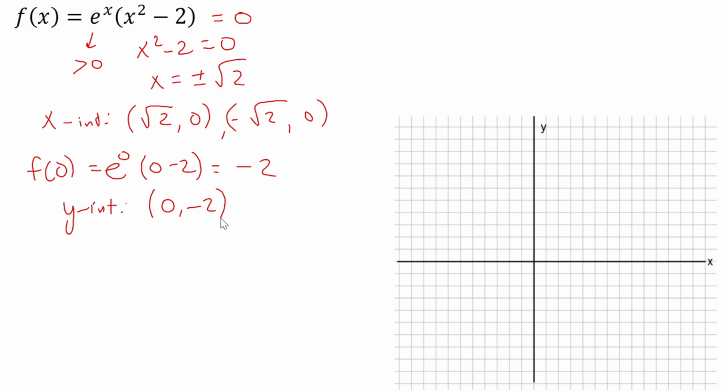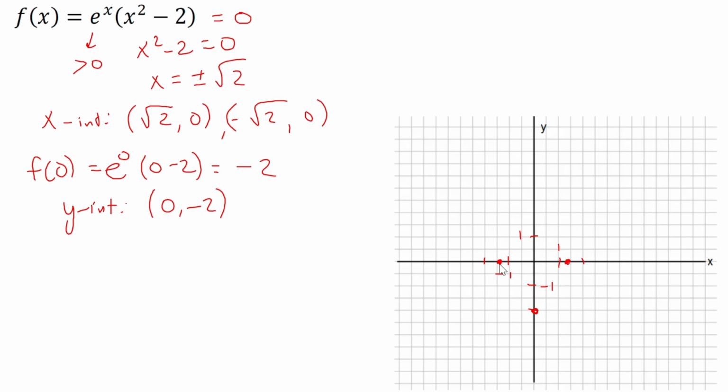Okay, so we'll plot that point on here, and I'm going to make each 2 boxes 1 this time. So 0, negative 2 ought to be right there, and then root 2, 0. Root 2 is between 1 and 2. It's about 1.4, so there'd be root 2, 0, and negative root 2 comma 0. So we've got our x-intercepts and our y-intercept on there.